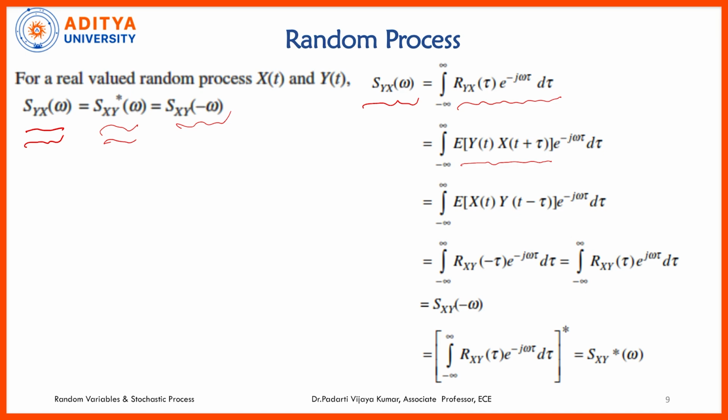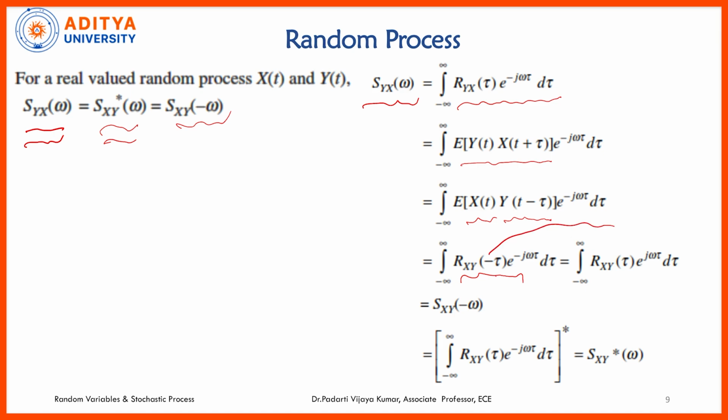And here, expectation of y of t into x of t plus tau can also be written as expectation of x of t into y of t minus tau. Both relations are correct. This expectation of x of t into y of t minus tau can be written as Rxy of minus tau.